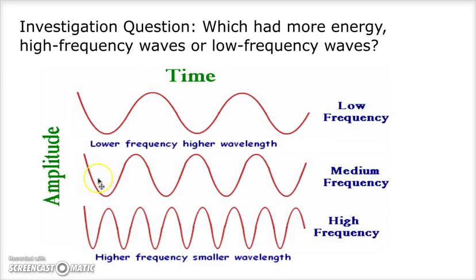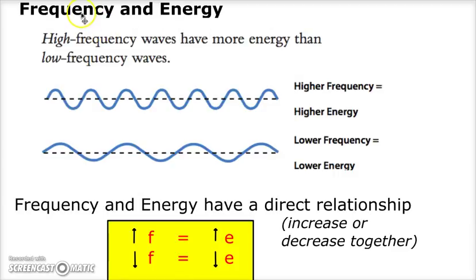Think about the same kind of idea as it relates to the frequency of the waves. What if you wanted more crests and troughs? Would it require more energy for you to move the slinky to have more crests and troughs, or less energy? As you think about the relationship between frequency and energy, this also has a direct relationship.